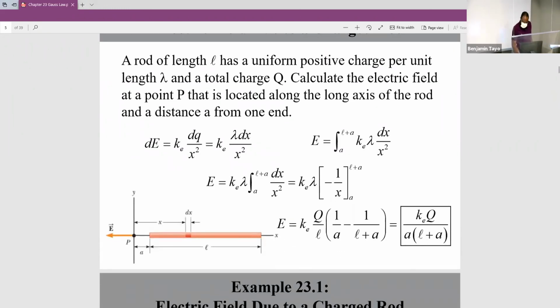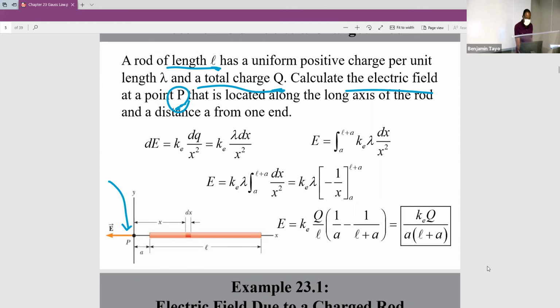It gives us that the length is L, and this carries a total charge of Q. And I want to calculate the electric field at point P, where this is my point P right there.